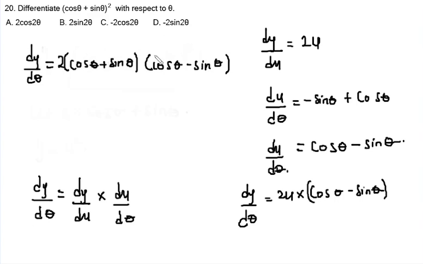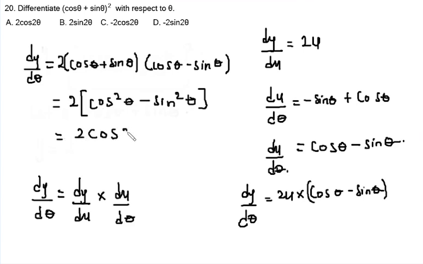So this becomes 2 open brackets cos squared theta minus sin squared theta. This is a trigonometric identity, which can be rewritten as 2 cos 2 theta. The answer to this problem is A.